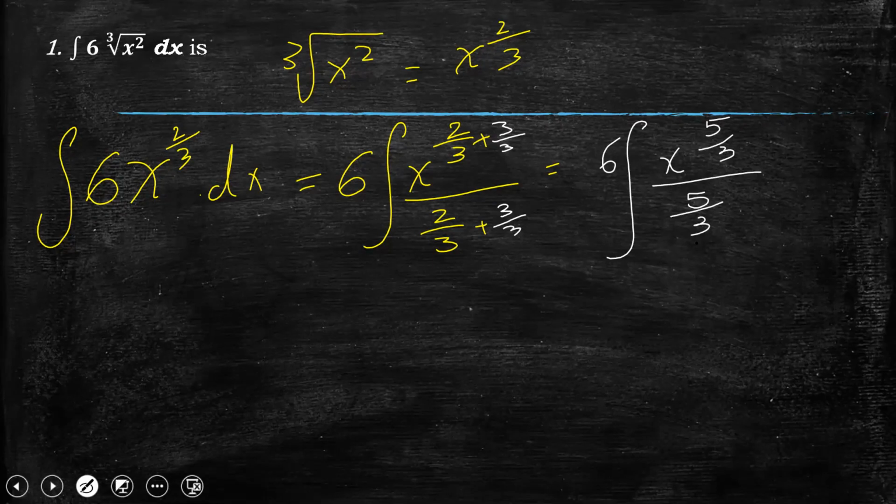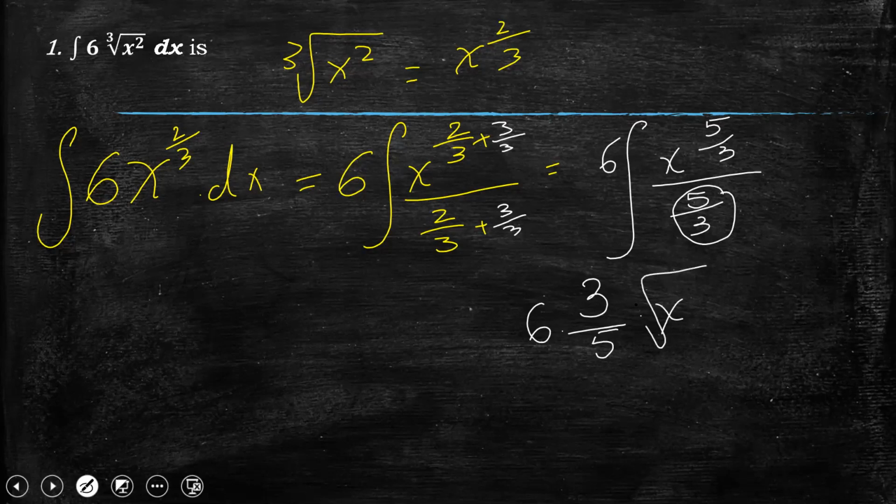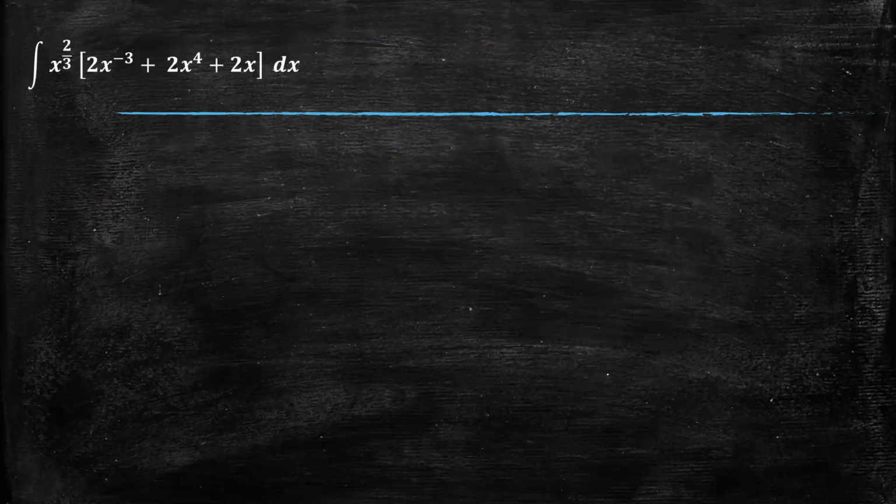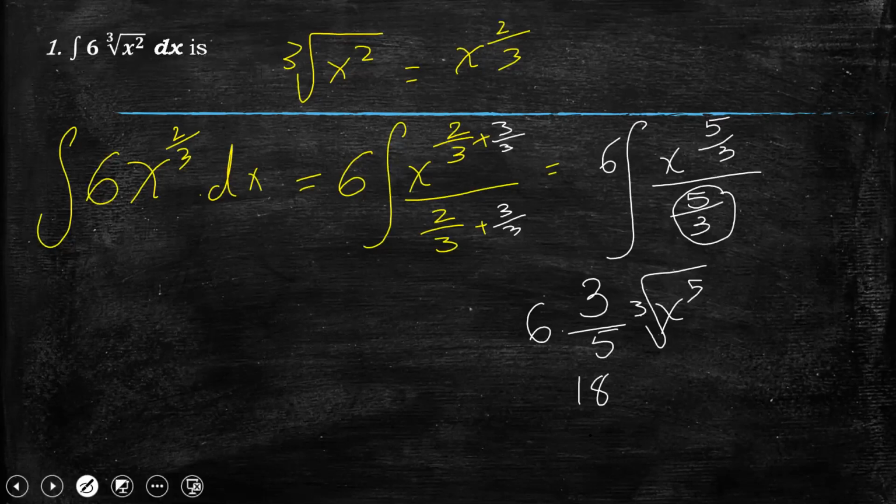Then this 5 over 3 will be written as its reciprocal, 3 over 5, times 6, times x to the power 5 over 3, which is the cubic root of x to the power 5. Then it is 18 over 5 cubic root of x to the power 5 plus C.